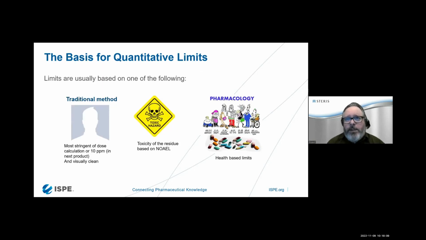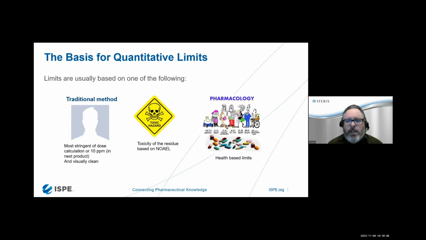And how we're going to determine the basis for quantitative limits. Now, the traditional approach, based on the FDA guidance in 1993 and the Foreman and Mullen article, looked at a carryover of 10 ppm or 1/1000th of a therapeutic dose and visually clean. That's referred to now as the traditional approach.